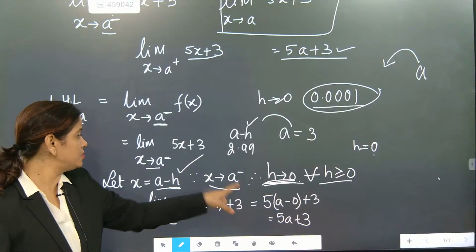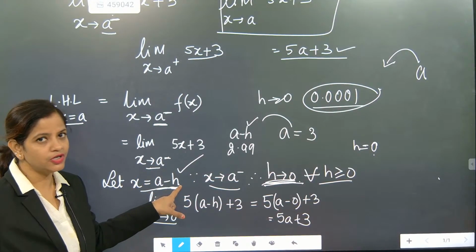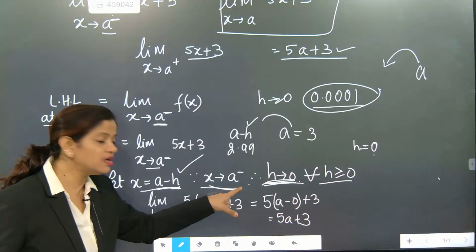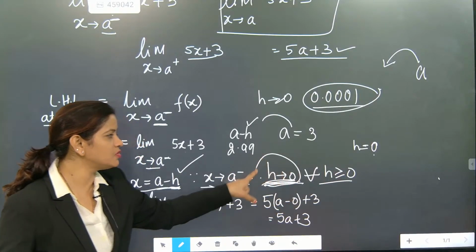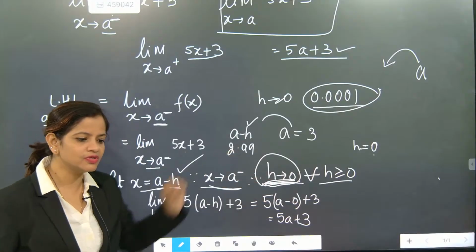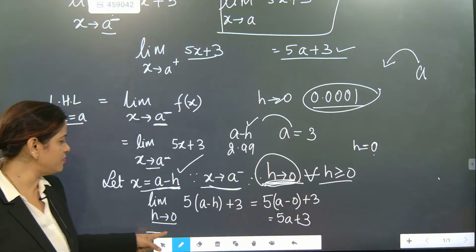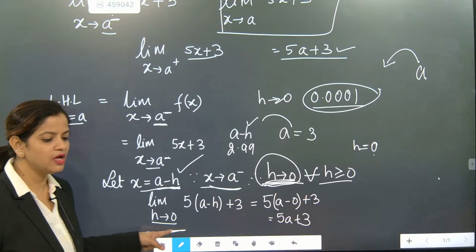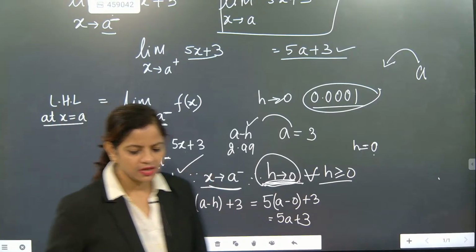Because our limit was this, we are saying we have taken x equal to a minus h. When do we do this? When it is tending to a minus. Why h? Because h is tending to 0. And the moment it is implemented, it will give me that limit which has no plus and minus. Till here everybody understood?